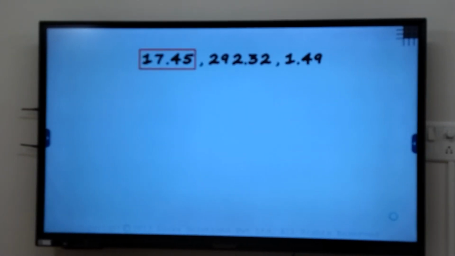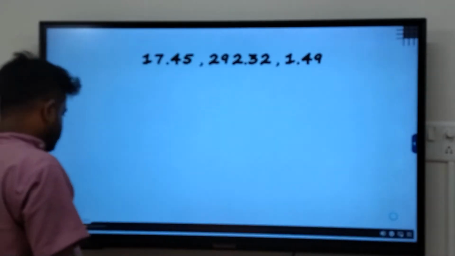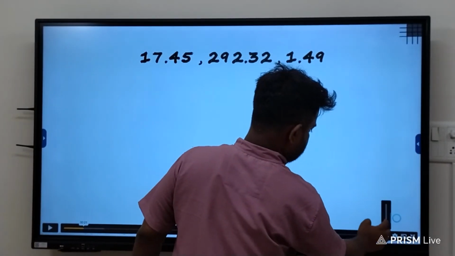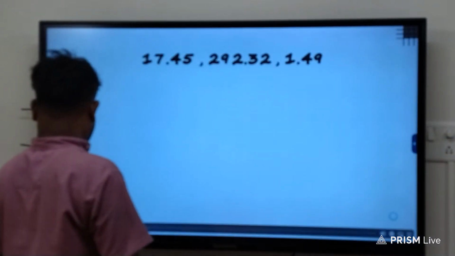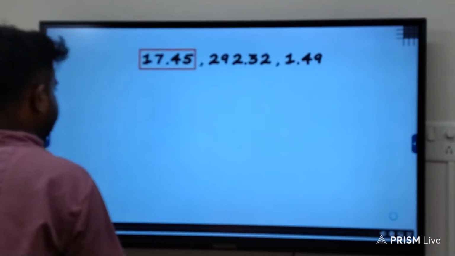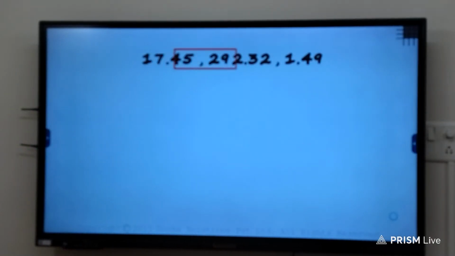Look at the decimal fractions on the board: 70.45, 292.32 and 1.49.